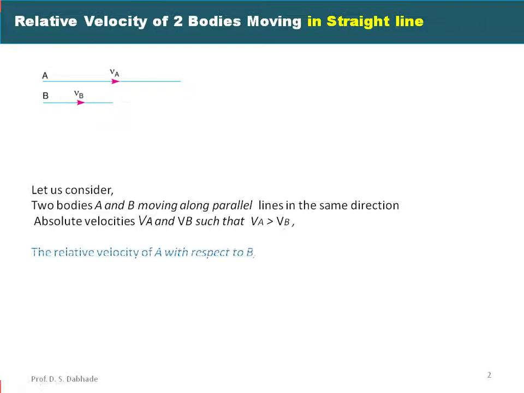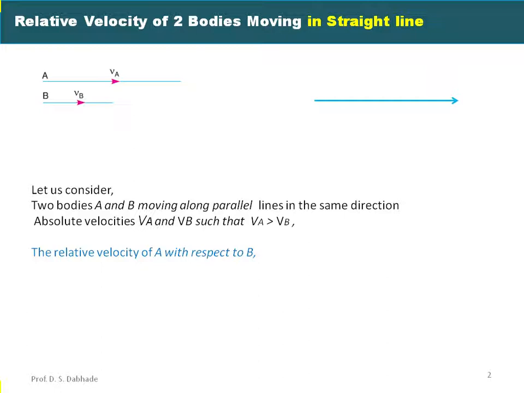Here we want to find the relative velocity of A with respect to B. Using a vector diagram, I can represent these velocities simply by straight lines.